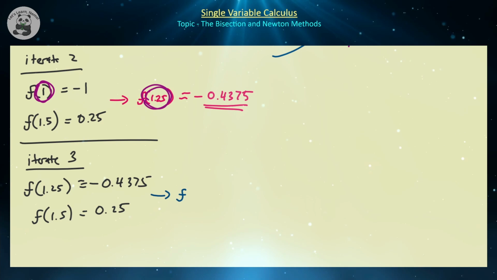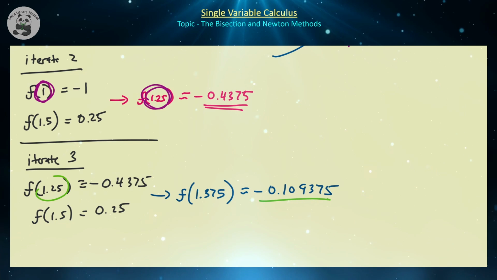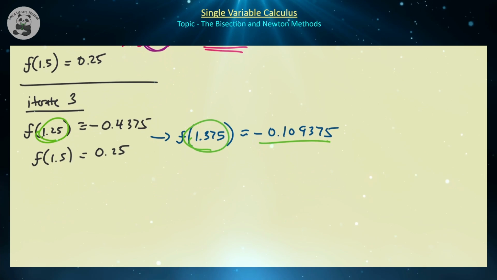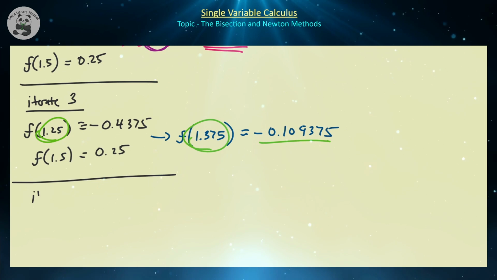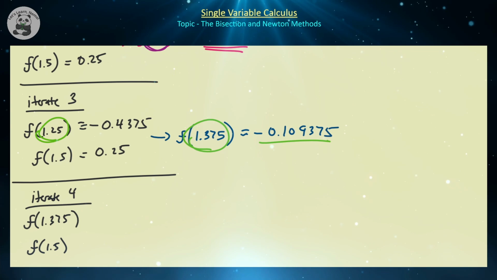So f of (1.25 plus 1.5) divided by 2 is going to be f of 1.375, which we can evaluate to be approximately negative 0.109375, which is a negative number, which means we're going to be replacing 1.25 with 1.375, and that's going to give us our next iteration. So for iterate number 4, we're going to be looking at f of 1.375 and f of 1.5, and then the average of the two.